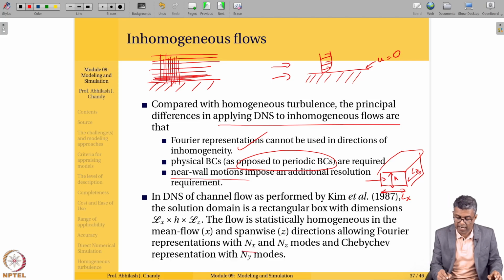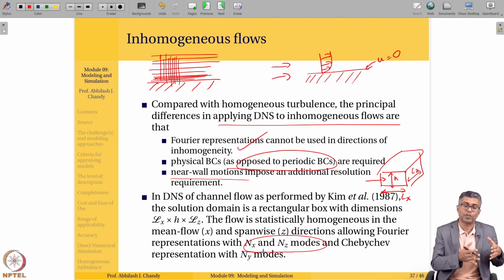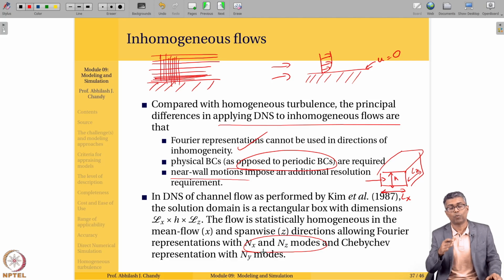So he was still able to use spectral methods for the two directions. And because the wall normal direction is obviously not periodic, he had to use a Chebyshev method there. So that's an example where you can still get away with using Fourier representation in one or two directions by assuming one or two directions to be statistically homogeneous.